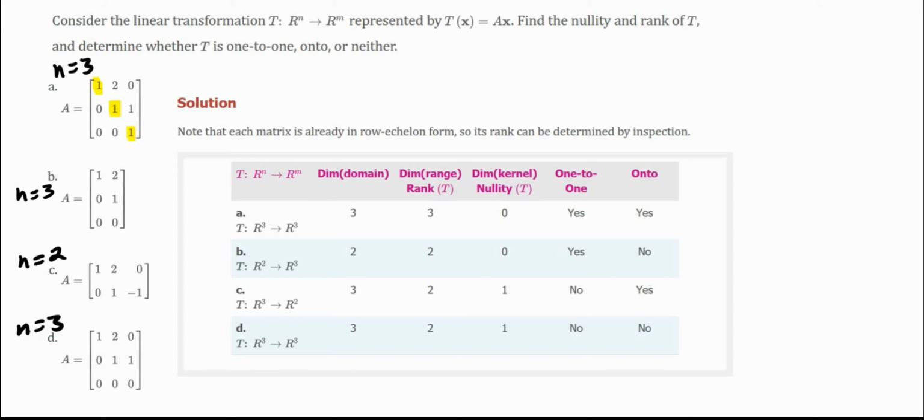So n is equal to 3, and in terms of n, I'm looking at just the number of rows that we have. When you come over here, you get this so-called dimension of the domain. Basically, you're just looking at this size here. So the dimension of the domain would be here n is equal to 3, n is equal to 2, and I suppose I'm just working backwards, right?